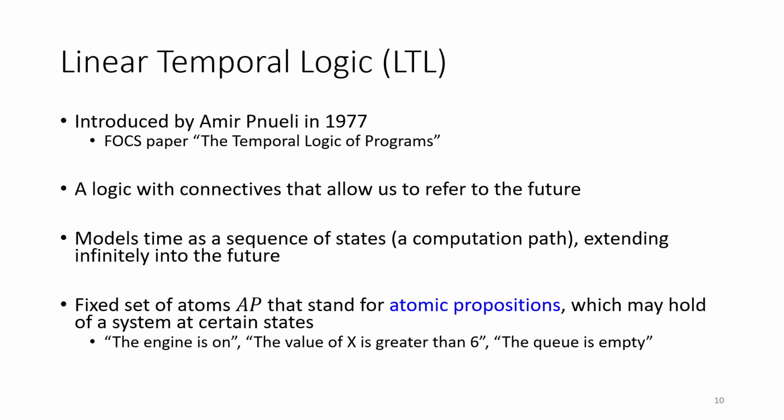And of course, the tricky bit is how do we evaluate whether something works for infinite time into the future? There are some issues with evaluating that. So we need to give a meaning to this logic so that we can actually evaluate it. There are different ways that you can define this, and we will see the one that is most commonly used in practice, so that we can actually check these constraints.